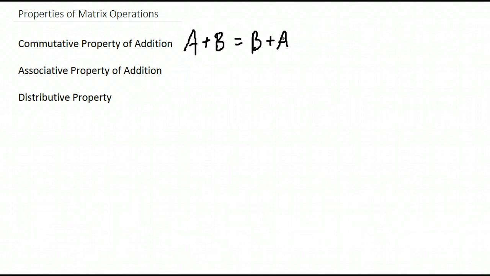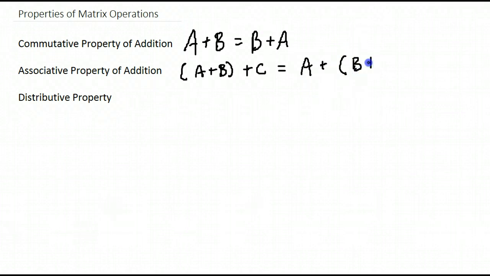So the associative property of addition, how we group things. If we have open parentheses A plus B close paren plus C, that equals A plus open paren B plus C close paren. We just changed the grouping, but we'll get the same solution.